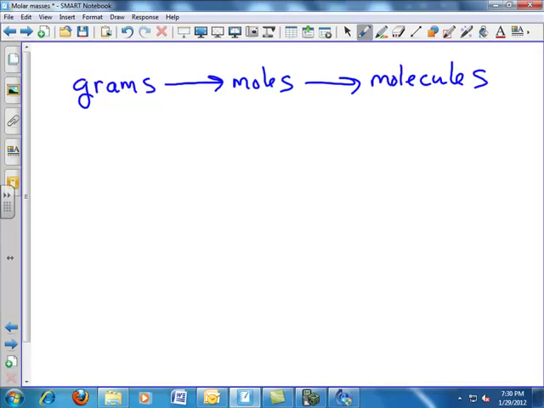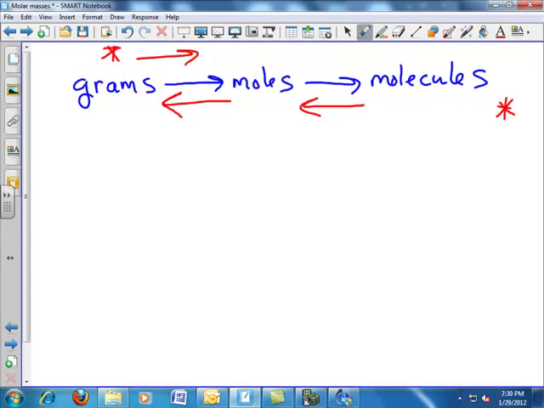Well, so that's if I started over here with grams. I went that direction. Well, if I start over here with molecules, I'm just going to go the other direction. So some people usually just use this path and just go back and forth between it.